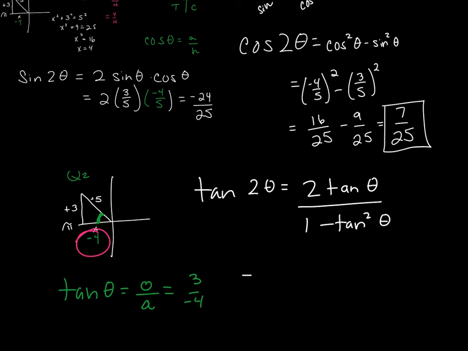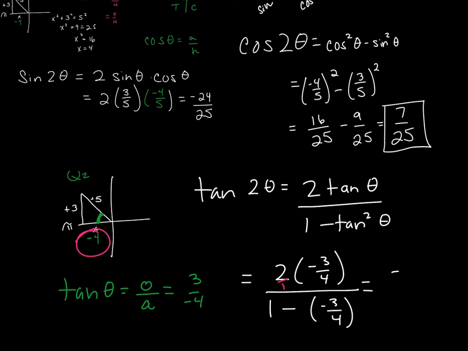So to plug this in, I have 2 times the tangent of theta, which is negative 3 over 4, all over 1 minus that tangent squared, negative 3 over 4. 2 times negative 3 over 4 gives me negative.